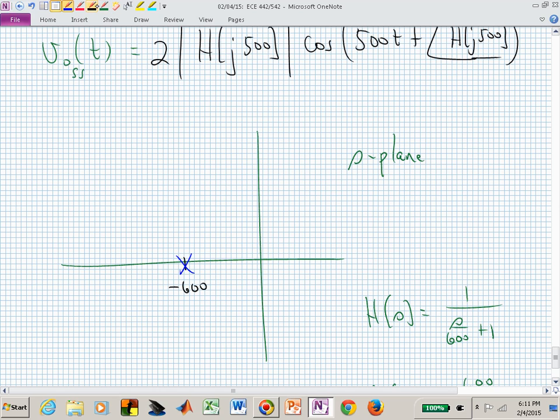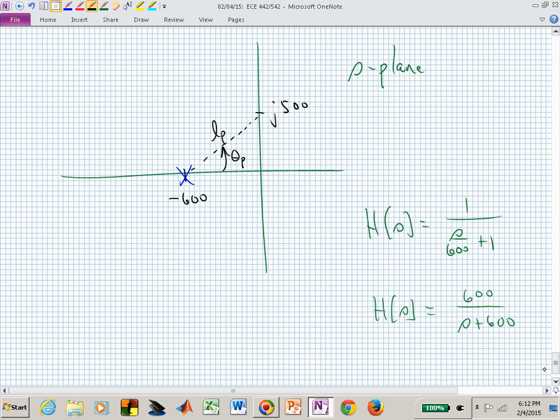To evaluate this magnitude, we could find L sub p, and we could find this phase theta sub p graphically from this S-plane, just walking up the imaginary axis and looking at this length at j500 and this angle theta sub p.